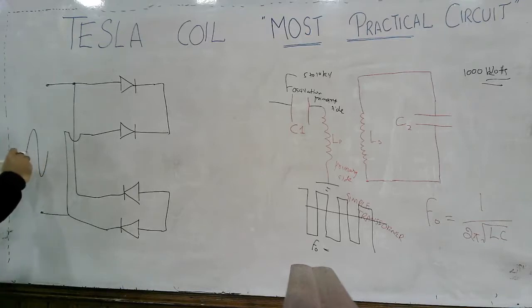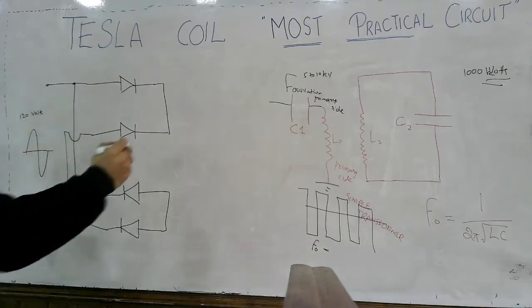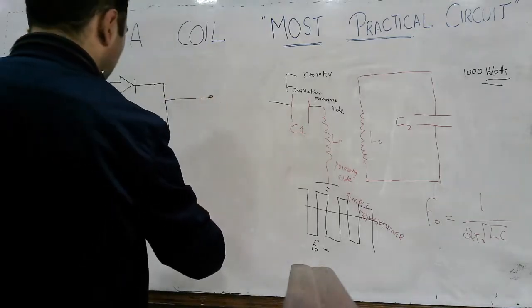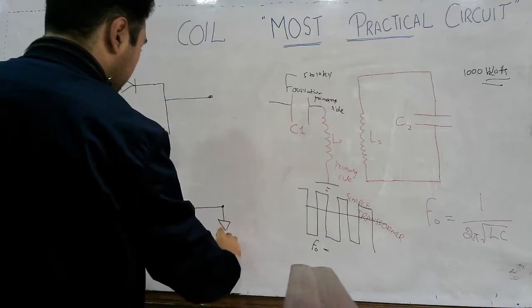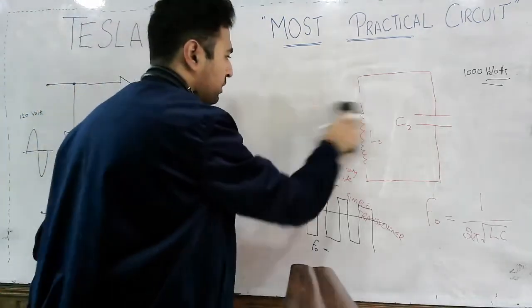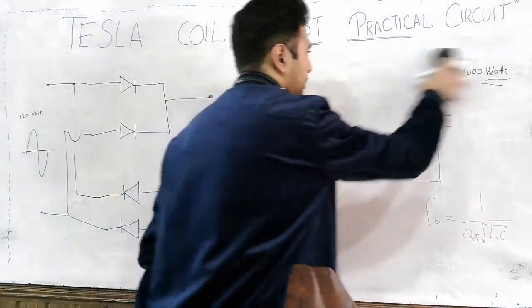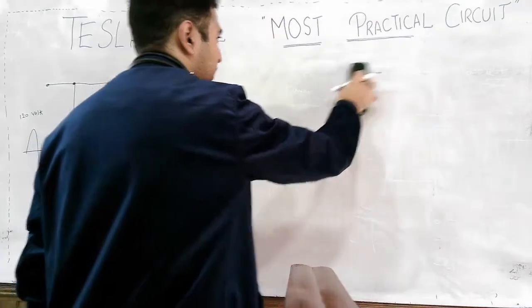Let's say we have the 120 volts AC here. And then you have the ground reference here, and the waveform. I am also removing this circuit because I have explained the details of that circuit, the working of that circuit.